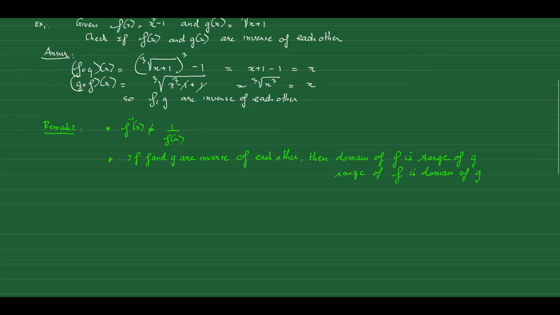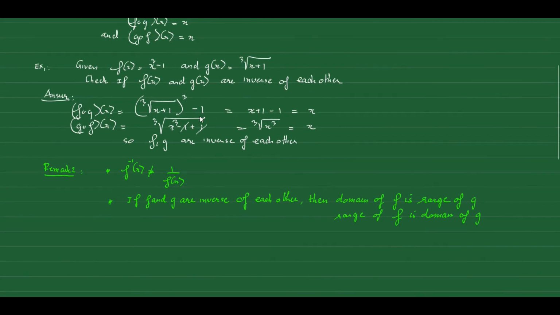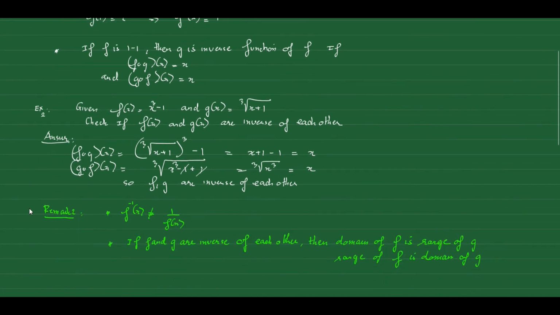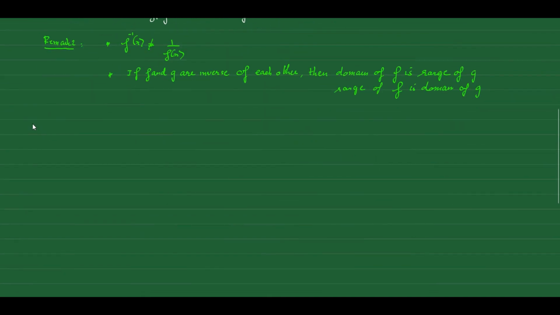Now in the next example, this is example 2. I can give you another one that's similar to example 2, but the function is harder, where we check whether they are inverses of each other. Example 3.